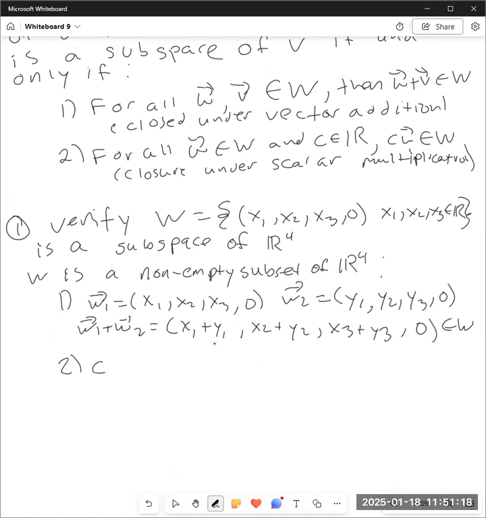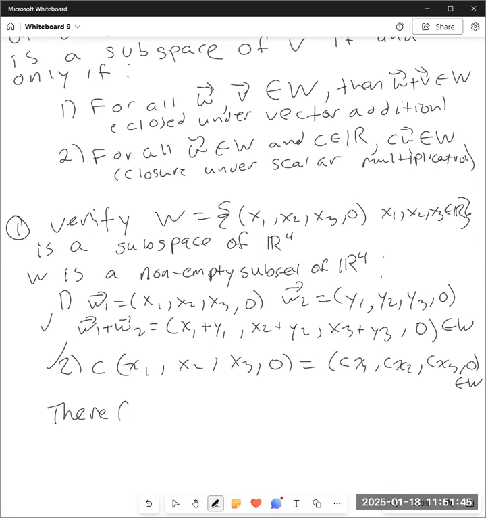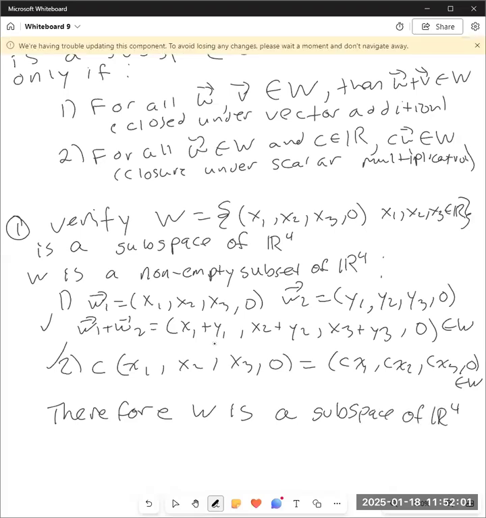And then C times x1, x2, x3, 0 is cx1, cx2, cx3, 0, which is also an element of W. So we have closure under scalar multiplication. Therefore, W is a subspace of R4.